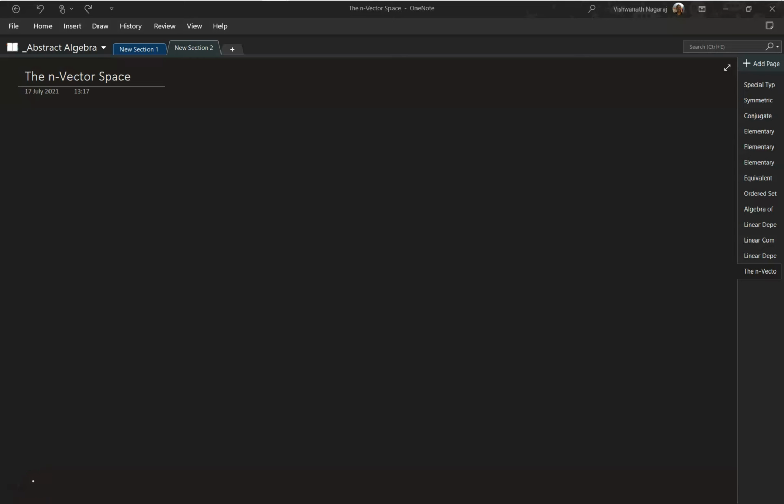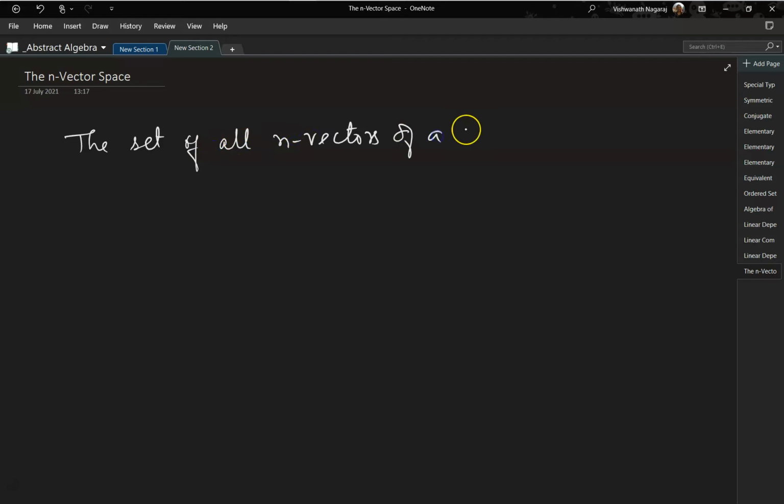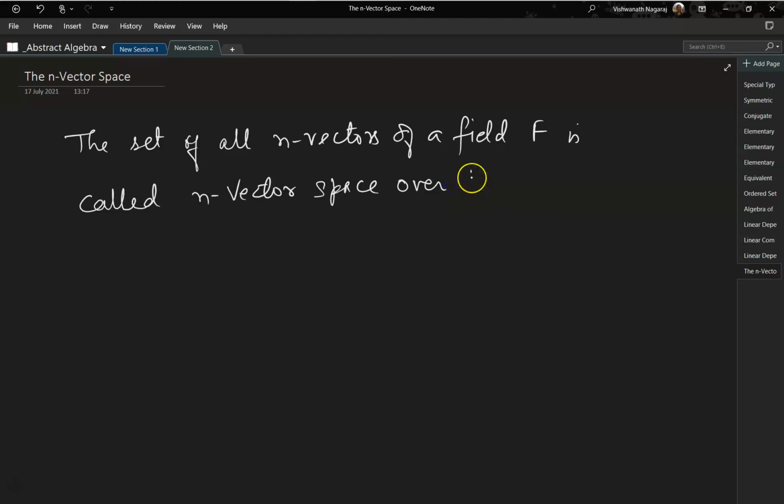The n vector space. The set of all n vectors of a field F is called the n vector space over F and is denoted by Vn of F, or in short, if the field is clear, just as Vn.